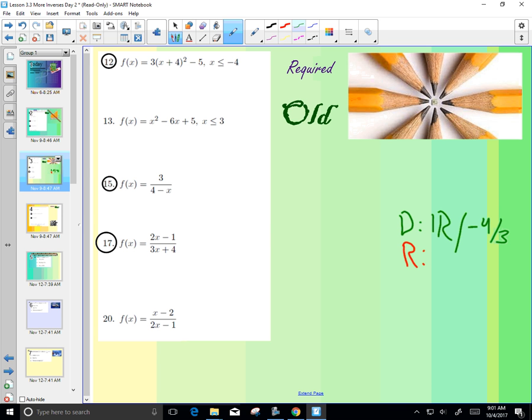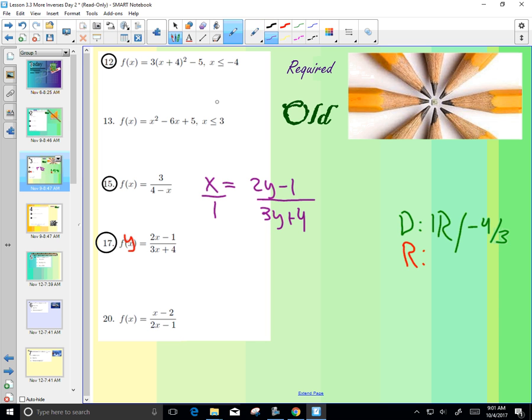But we can find it if we found the inverse and we look at the denominator, we can figure out what the range of this is going to be. So here goes. Here's y, here's x. So we're going to switch these, and we're going to say x is equal to 2y minus 1 over 3y plus 4.